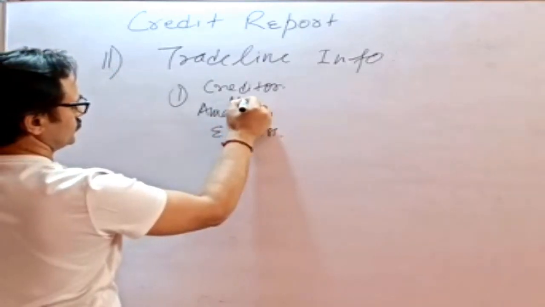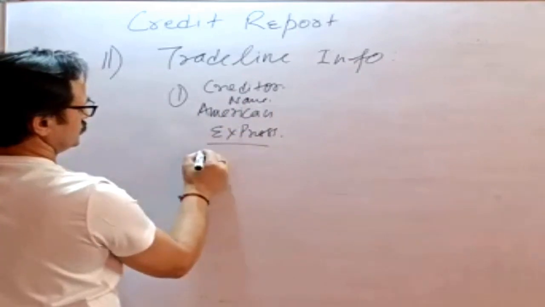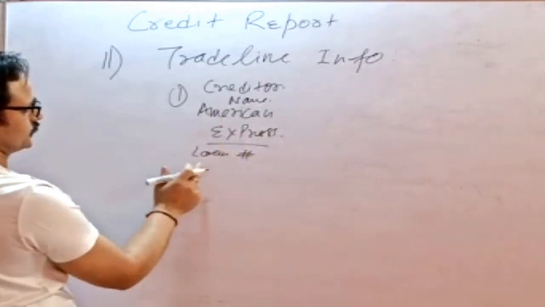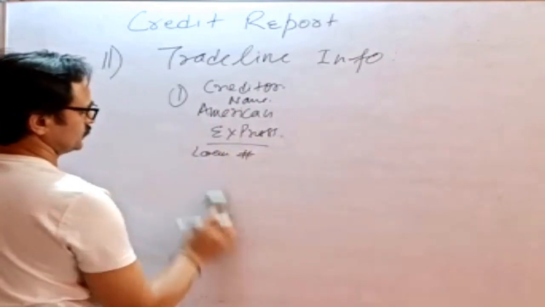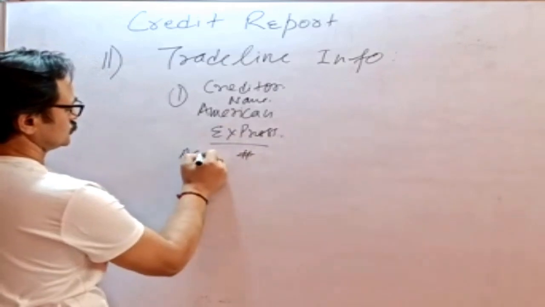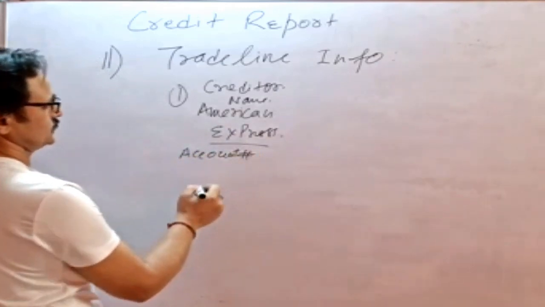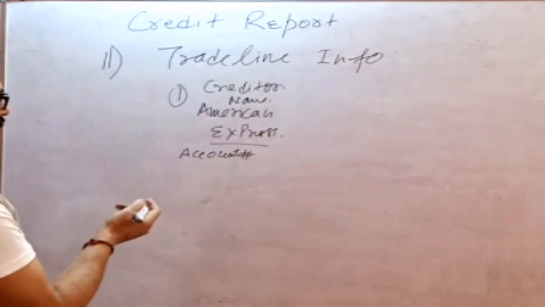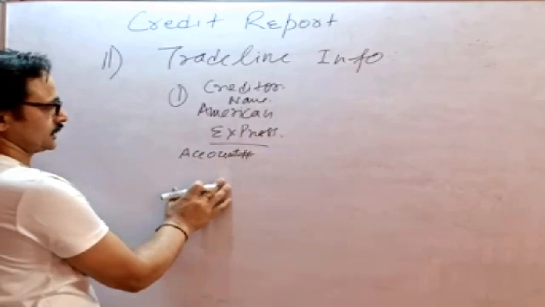It could be the creditor name, and then the loan number. Obviously, it is a credit card, so it would be the card number, but it could also be written as account number or loan number. It depends on the agency how they use that information, whether they write account number, loan number, or credit card number.